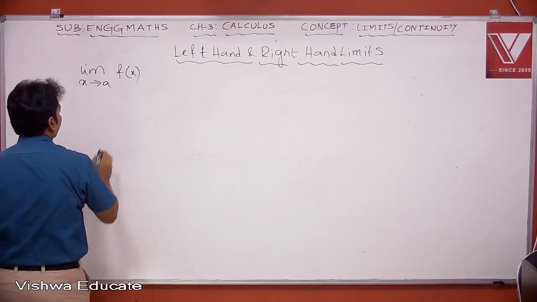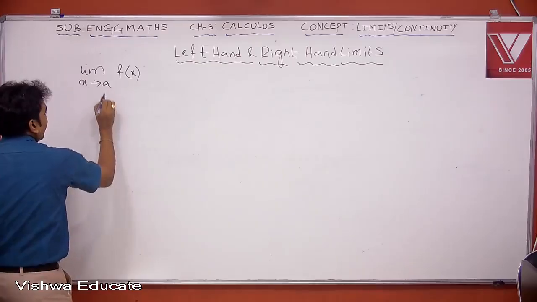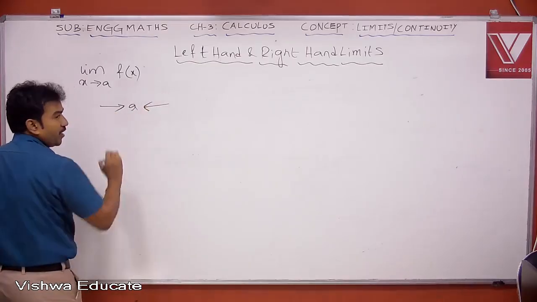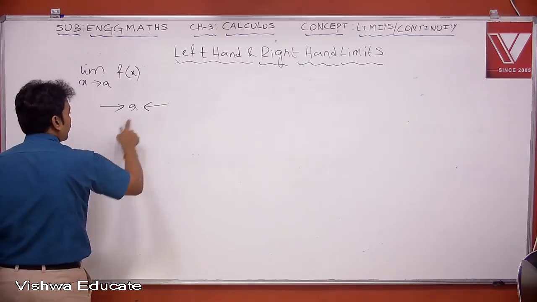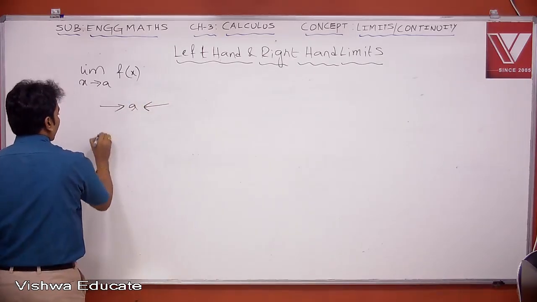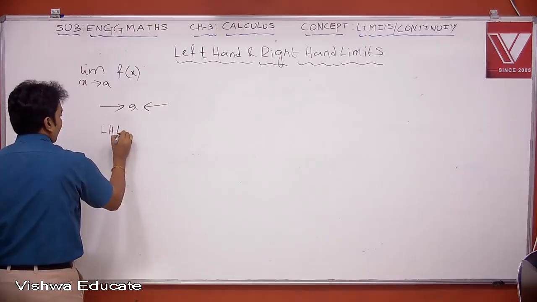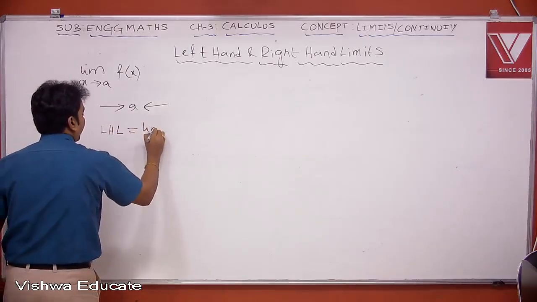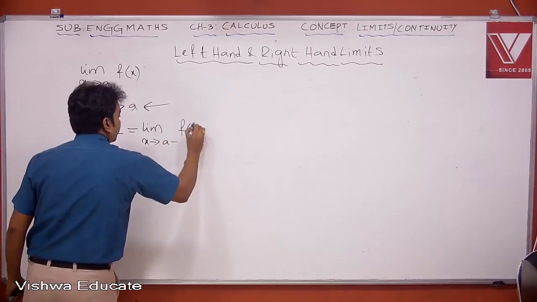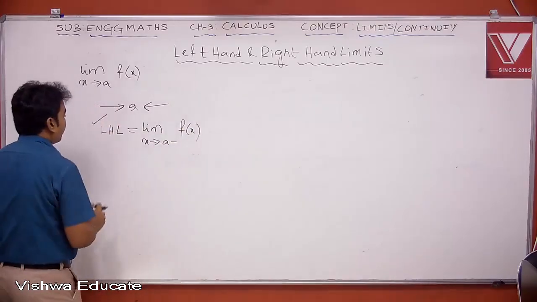So I have two approaches. I can approach a from the left side, or I can approach a from the right side. In both the cases, if I get the same value, I can say that the limit value exists. Now let us see, the LHL, this is the left hand limit, and symbolically we write it as the limit as x tends to a minus of f of x.